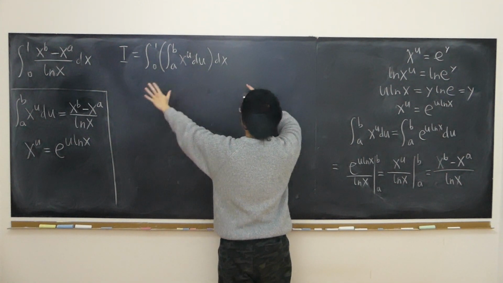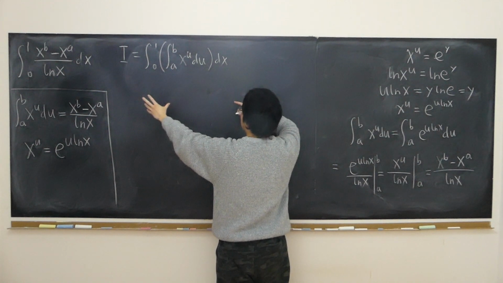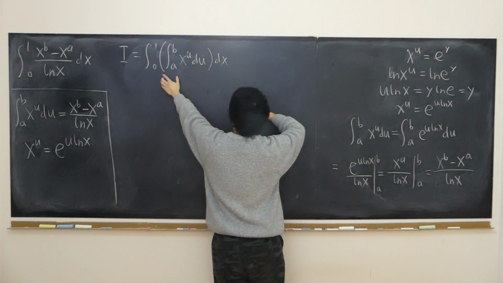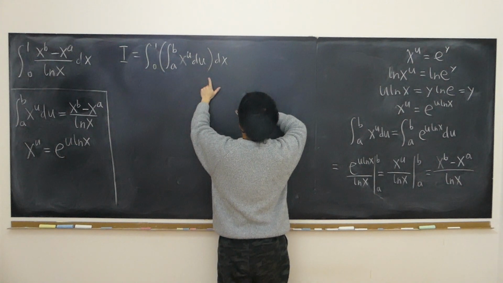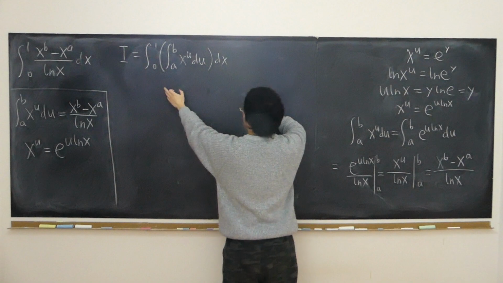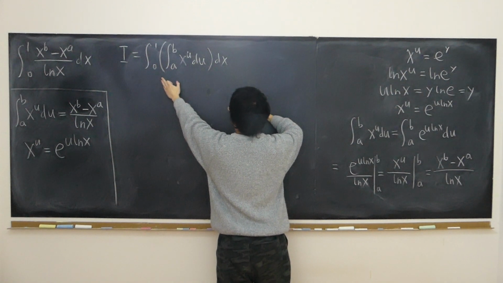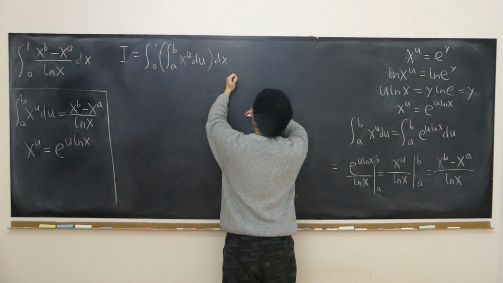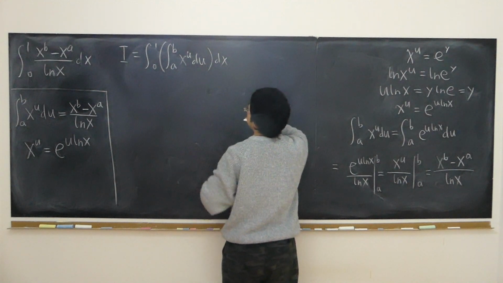Therefore, whatever there is in u will become a or b, and we just get an expression that involves only x, a and b. Now we treat a and b as constants and x as a variable, and integrate with respect to x. So this makes perfect sense.